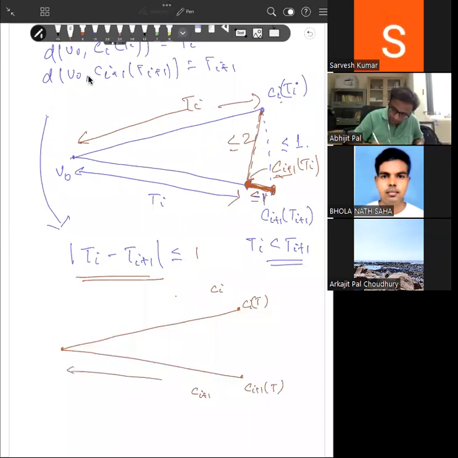So this length is t and this length is t, and this distance is at most delta. Now if I take 2 points on Ci and Ci plus 1, I will take them such that the distances from these points to V0 are the same. So what will be this distance?